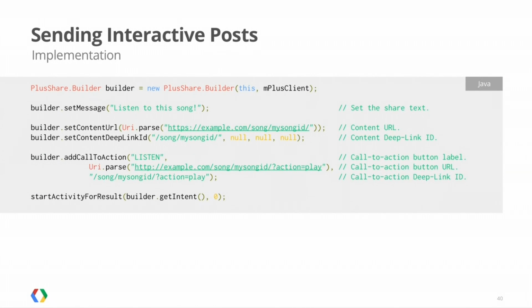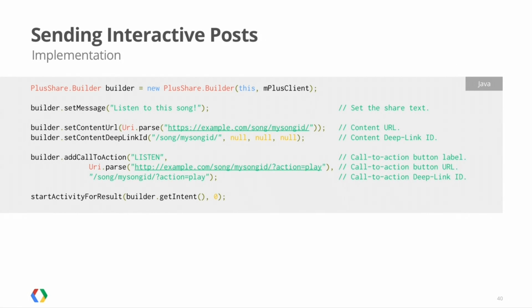So you might be familiar with the standard action send intent on Android. That's the standard way to send snippets of text and URLs and images and everything else from app to app. So we built on top of action send in a couple important ways. First, we added support for deep link IDs.